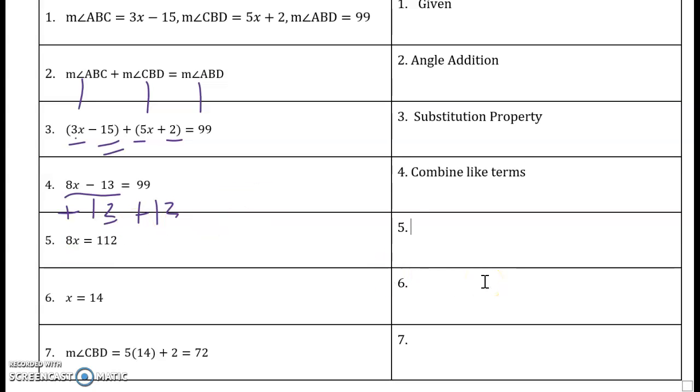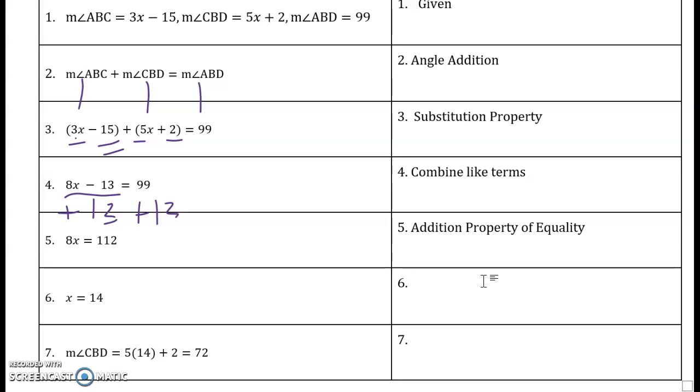What that does mean is we did use what we call the addition property of equality. Okay? I'm going to copy that one because we're going to use something very similar to that. So the addition property of equality states that you can add the same thing to both sides and keep the equality.